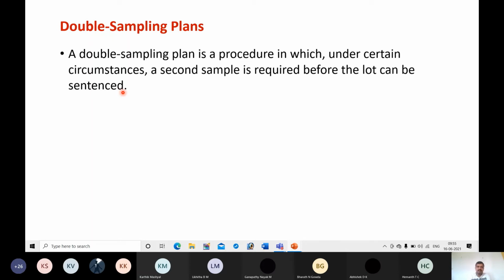Sentencing is nothing but making a decision. So in case of a double sampling plan, in a few cases you need to take samples once again in order to make a proper decision. It is not always, only under certain circumstances that the second sample needs to be taken. When, that we will discuss.